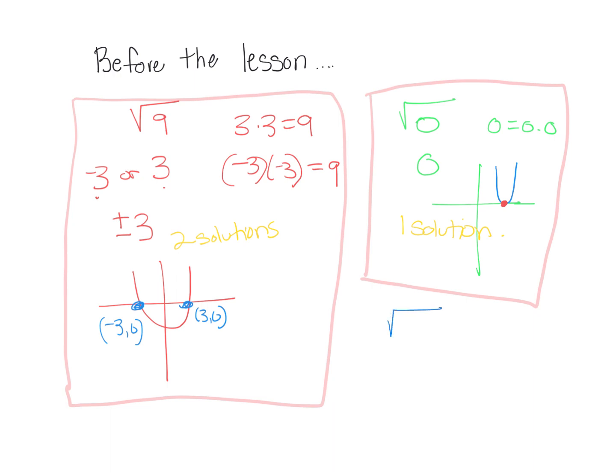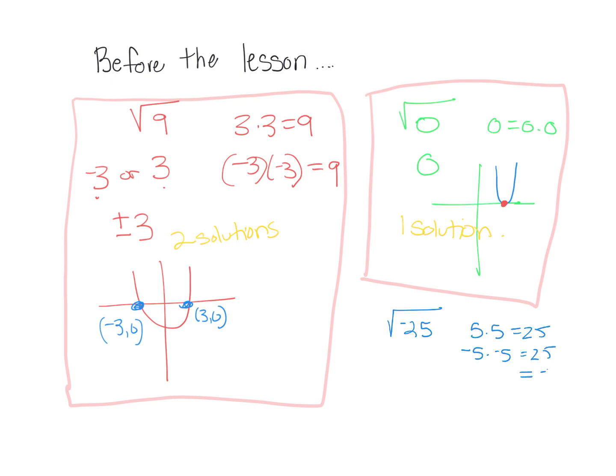So let's say we try to take the square root of negative 25. If we know what the square root means, it has to be one number times itself. If we tried 5 times 5, that would give us 25. And if we tried negative 5 times negative 5, that would give us 25.